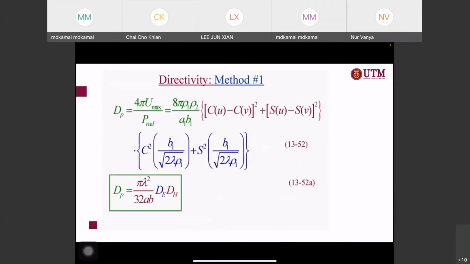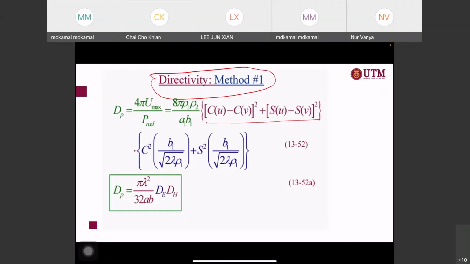To show the directivity, this is another important aspect of the horn antenna. There are a lot of different methods that you can use to find the directivity. The first one is method one. The directivity of your horn antenna can be obtained from this very long equation, and at the end you can simplify it.